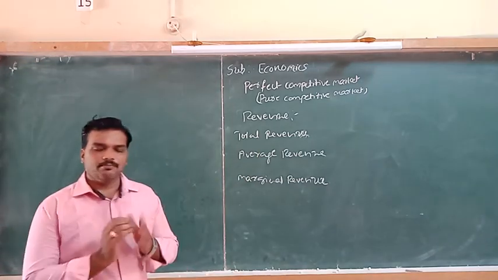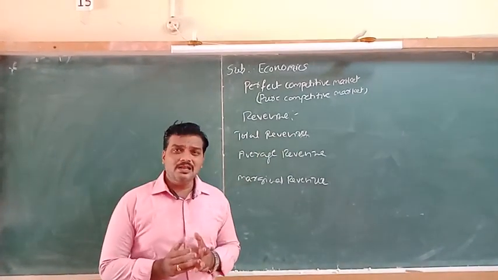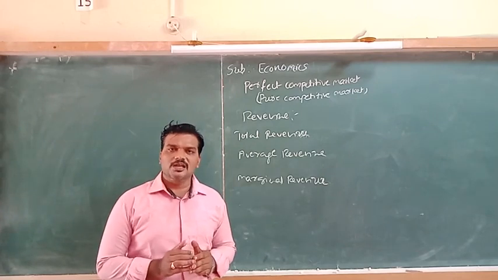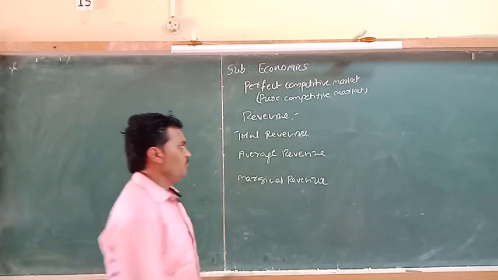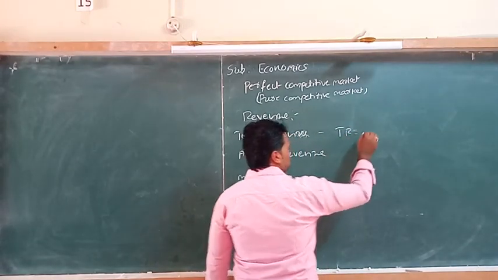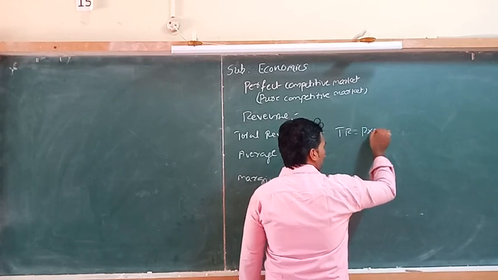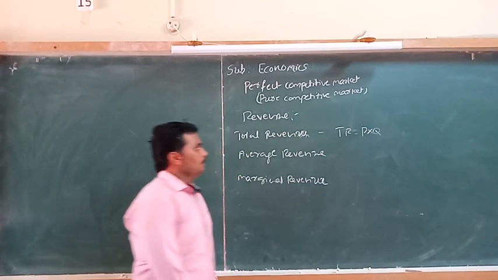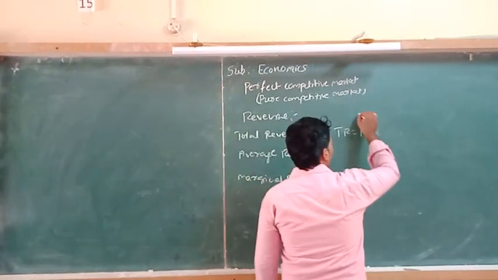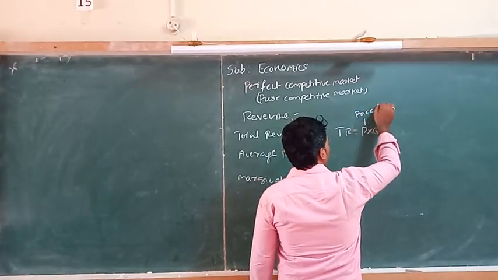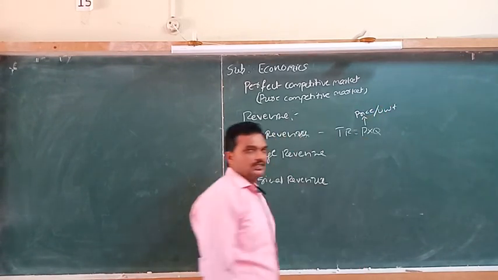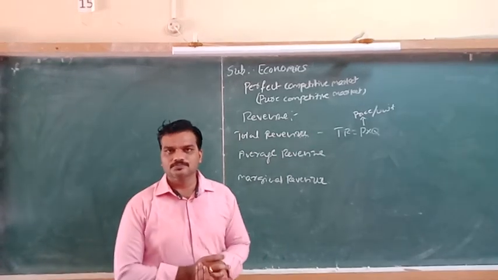So what do you mean by total revenue? See, total means sum. This is the total income received by a firm from the sale of its given output. That total revenue can be calculated as TR is equal to P into Q. P means price per unit, and Q means total quantity sold.